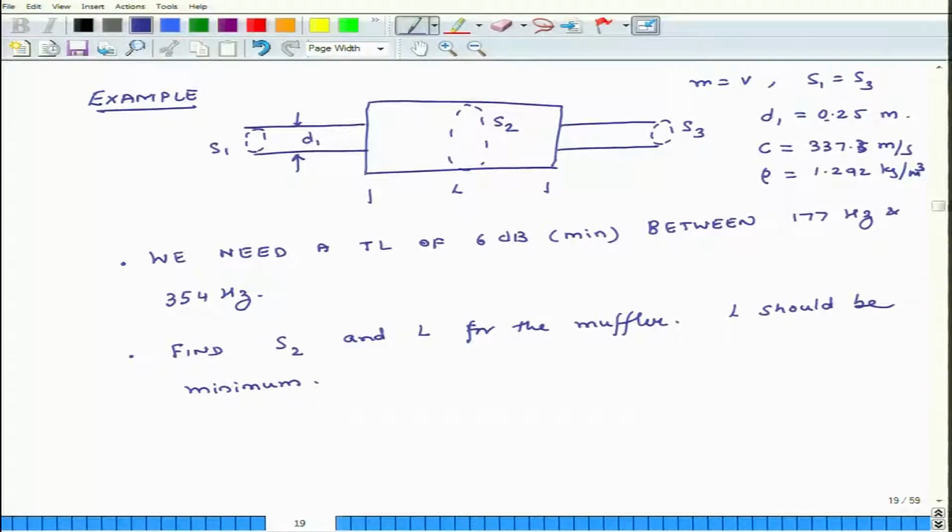So, this is the problem. We know the cross sectional area of S1, cross sectional area S3, because M is equal to V, and S2 we do not know, we also do not know the length of this chamber, and the requirement is that we need a minimum transmission loss of 6 decibels between 177 and 354 hertz. So, with these data we have to figure out the value of S2 and L.